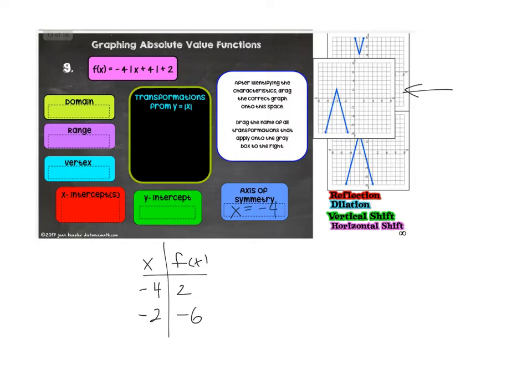The y-intercept, it's hard to tell, but it looks like it's going down 1, 2, 3, 4, and over 1. Maybe it's 5. Hard to tell. Let me just look. 1, 2, 3, 4 over 1.